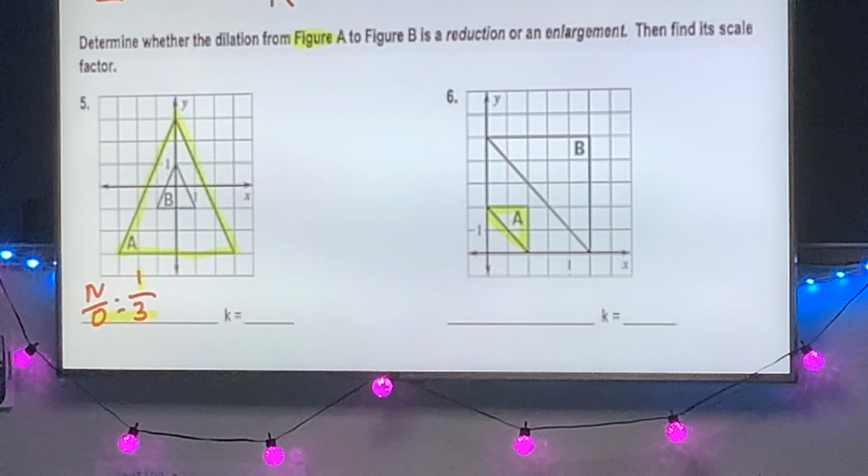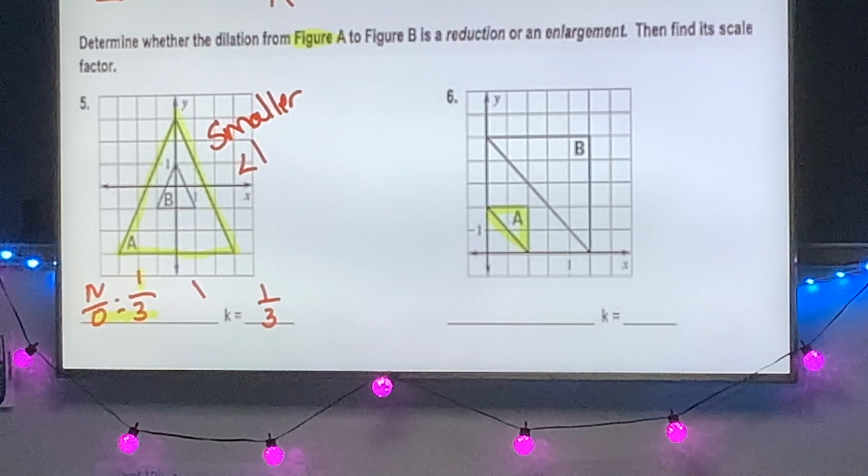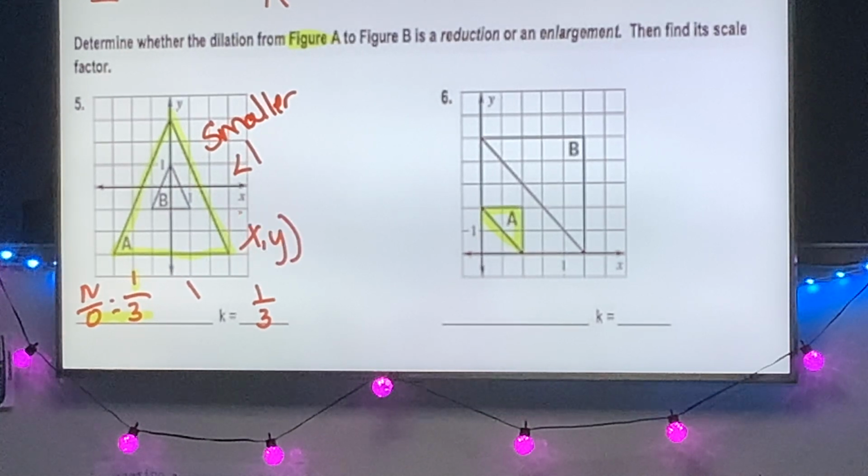Did your figure get bigger or smaller? Smaller. So I know it had to be less than 1. So I would write that. When it says K, that just means what is your scale factor? I don't know why they put it as K, but it is a K. So XY, 1/3 X, 1/3 Y.